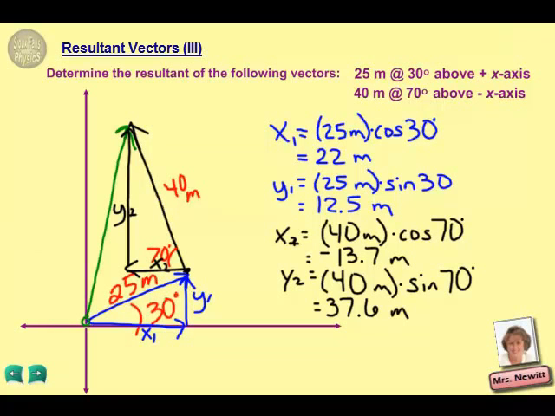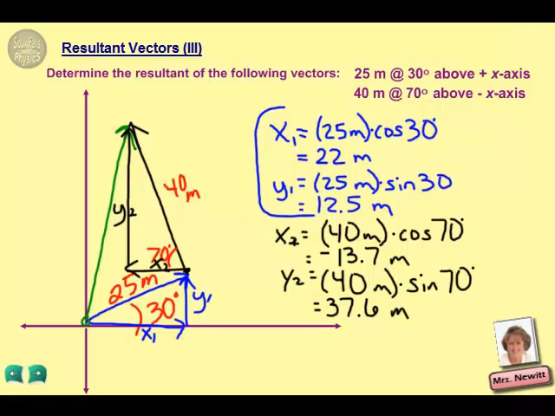Okay, now we've done a little bit of math over here. This is going to be your first set of steps to do the mathematical calculations for the resultant. Notice that we took each one of these vectors and divided them up into their x and y components. So starting here with the 25 meters, we use the sine and the cosine of 30 degrees to figure out an x amount of 22 and a y amount of 12.5.